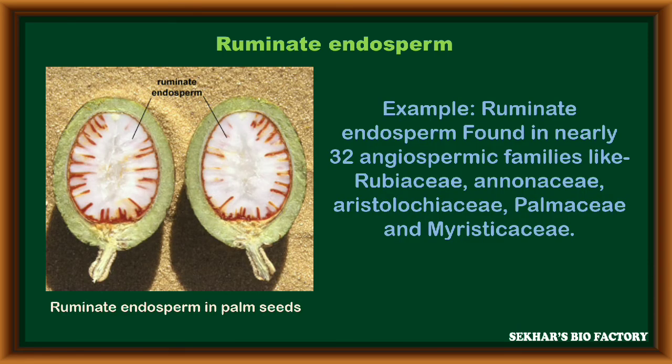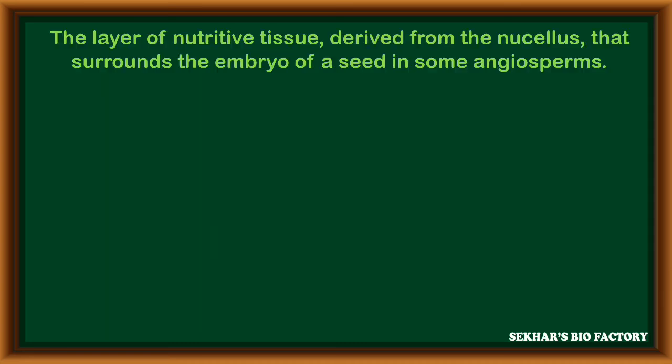It is found generally in nearly 32 angiospermic families like Rubiaceae, Annonaceae, Aristolochiaceae, Palmae and Myristicaceae. These are examples for ruminate endosperm present in palm seeds.